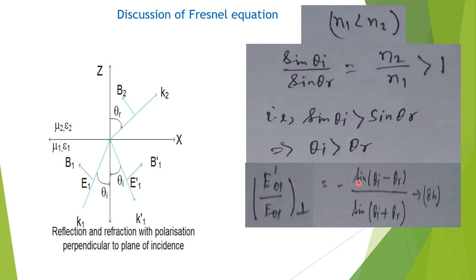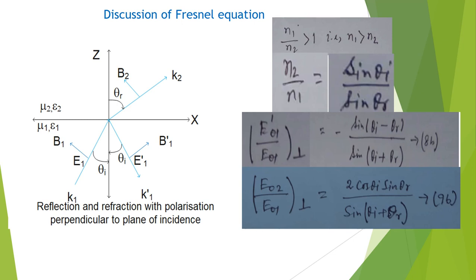That indicates that the reflected and incident waves are in opposite phase at the interface. That means when an electromagnetic wave is reflected from a denser medium, it suffers a phase change of π radian.